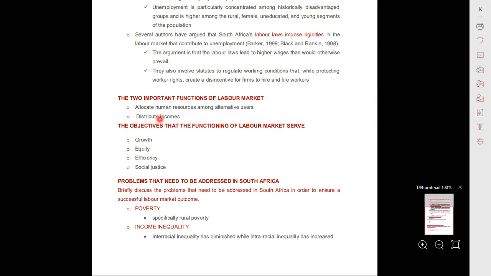Problems that need to be addressed here in South Africa. What are these problems? Poverty. It needs to be addressed. And income inequality. Yes, income inequality. In the same community, you can find a person who is struggling to buy one pair of shoes.